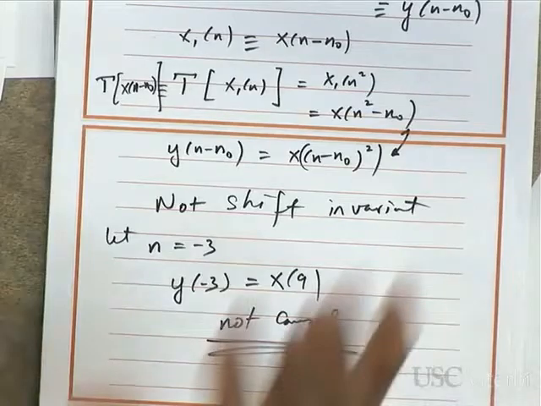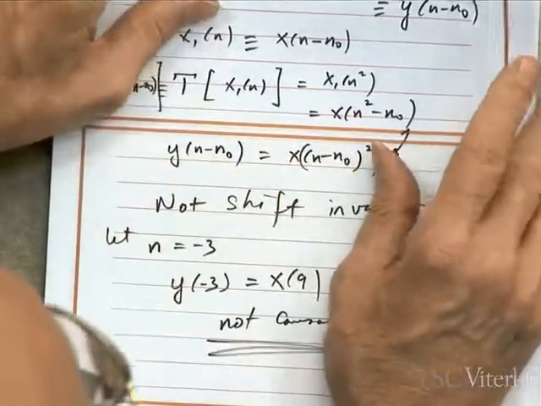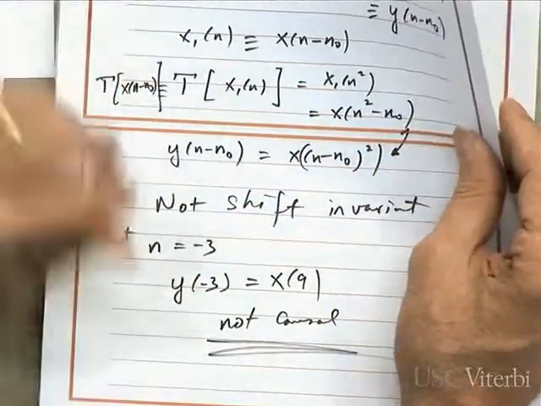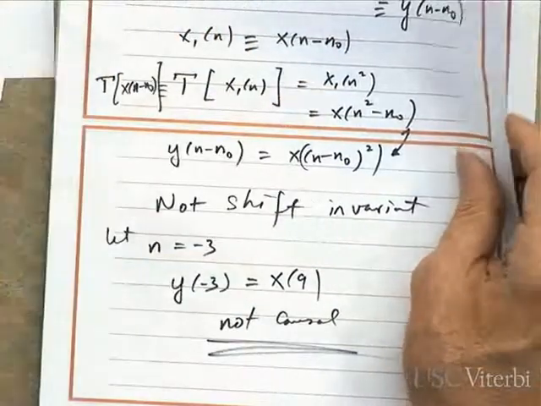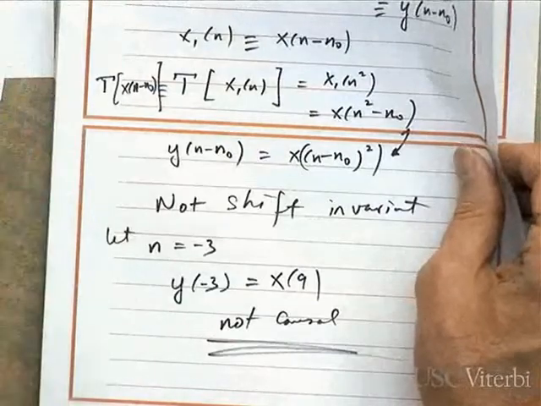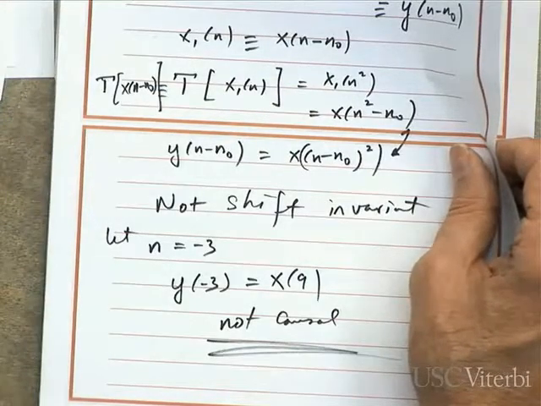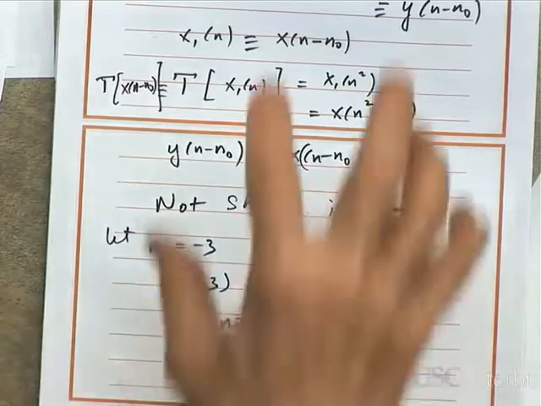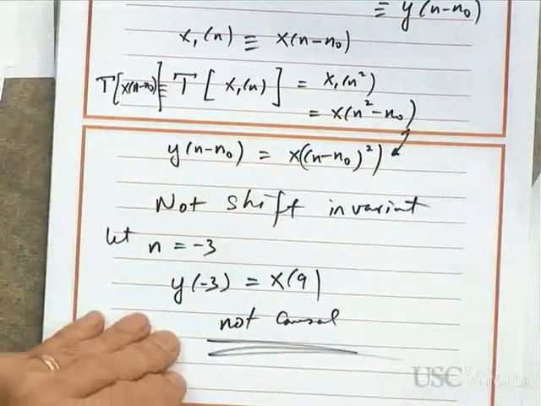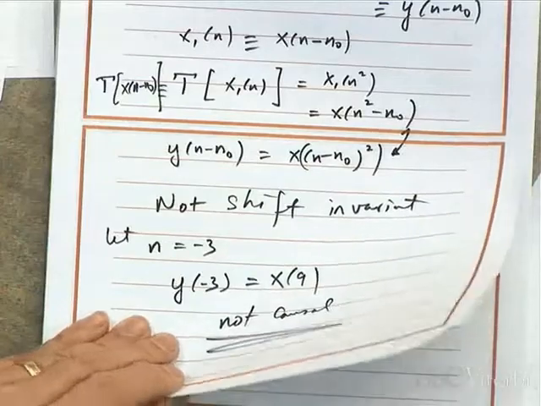And I can tell you right now, on your midterm on June 25th, there will most undoubtedly be a true-false type of question where I'll show you some sequences or systems and ask you if they're linear and shift invariant and all that. This is where a lot of times people get confused. So make sure you understand this. You will see it again on the midterm in some form or another.